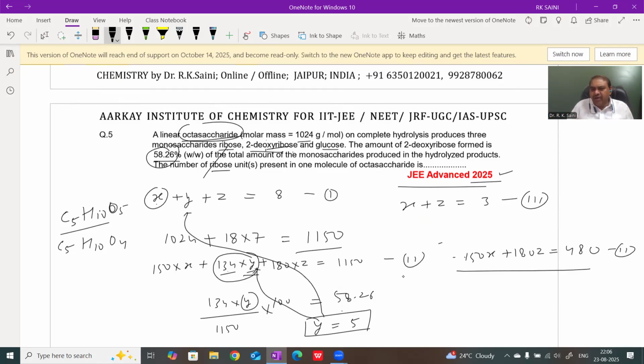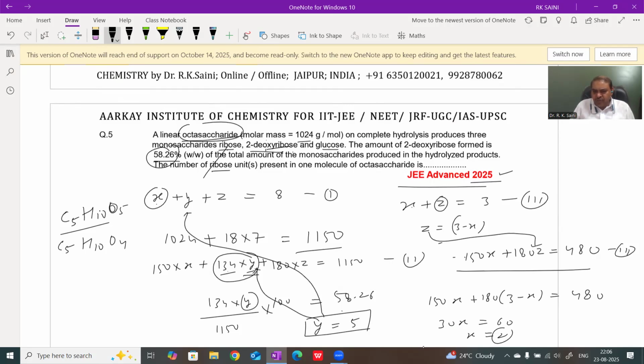Now putting the value of Z in terms of X. Therefore, Z equals 3 minus X. Putting this value in the equation, 150 X plus 180 times (3 minus X) equals 480. On solving, we find 30X equals 60.